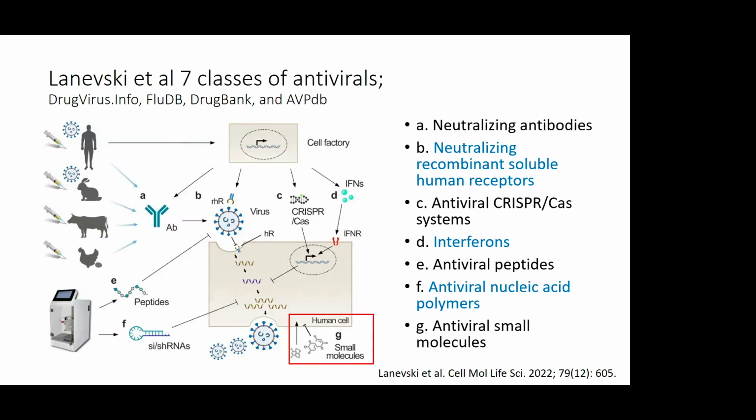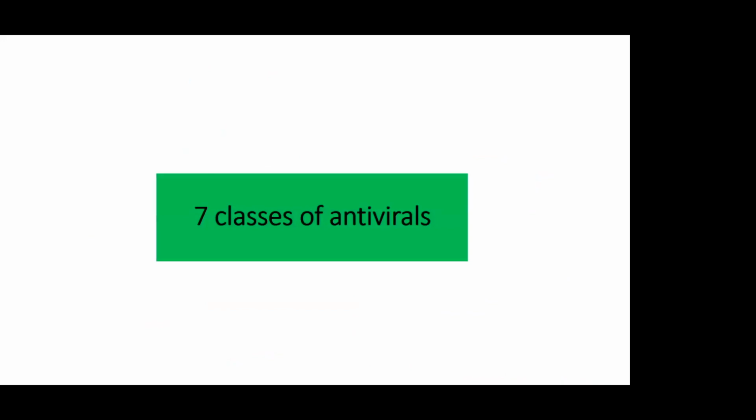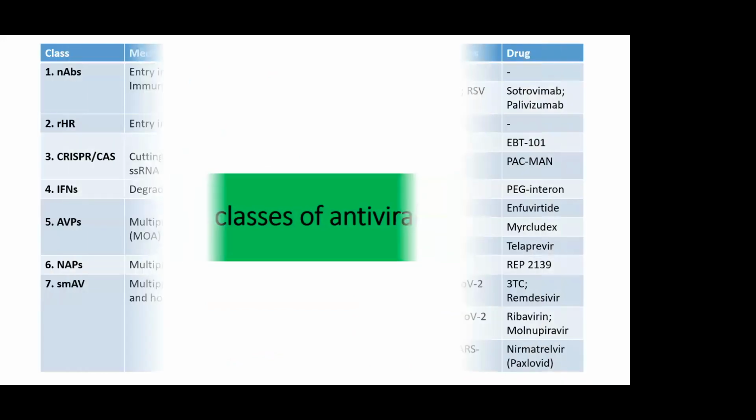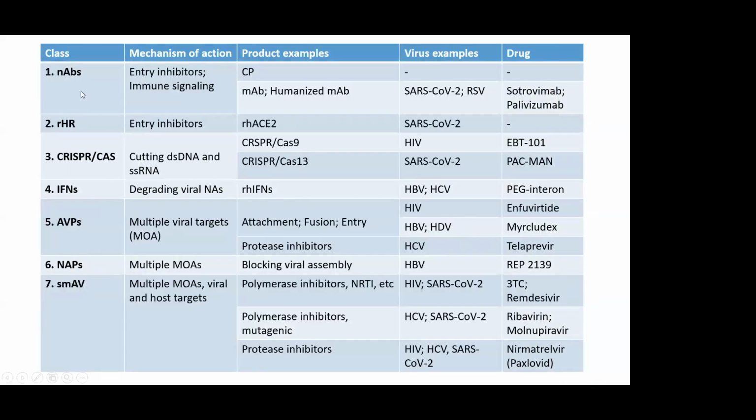So let's just take this, because it's going to be the slide before last, before we move on to a different subject, is how these 7 classes work. So the neutralizing antibodies are entry inhibitors. In fact, for the first 4, we've got very specific or very clear mechanism of action. So the neutralizing antibodies inhibit entry and may signal to the immune system to send cells to come to fight.